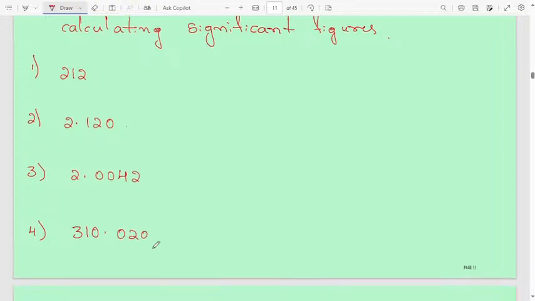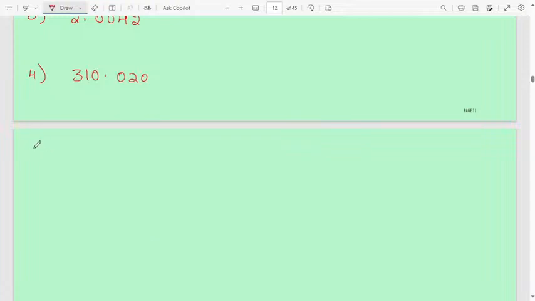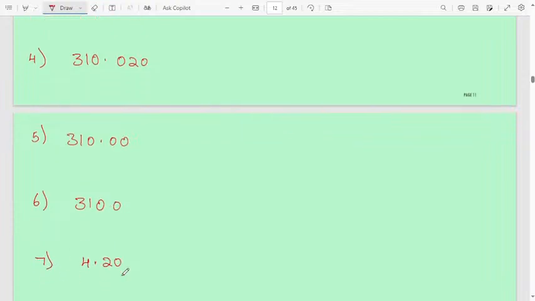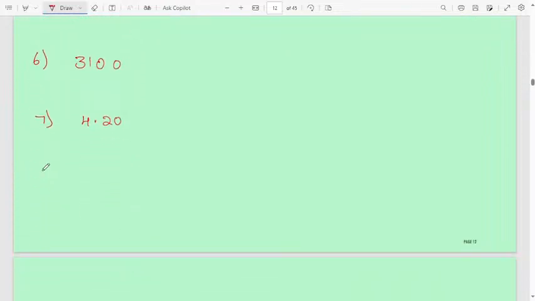You can try, how many significant figures, significant values. 310.00, then sixth, 3100, then seventh, 4.20. Apply the rule, whatever the rules, the 5 rules, 6 rules I discussed.